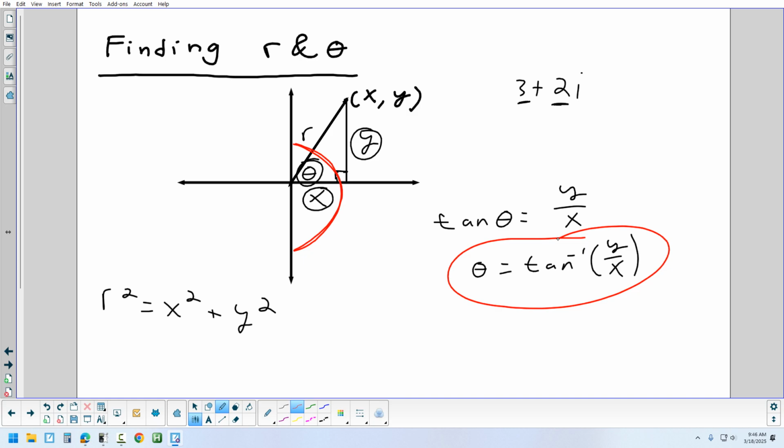Any question on how we got theta is inverse tangent of y over x? And again, that formula works exactly as is in quadrants 1 and 4, because inverse tangent will not give you an answer lower than negative 90 or higher than positive 90. It just doesn't. So I'll show you what we do in quadrants 2 and 3.